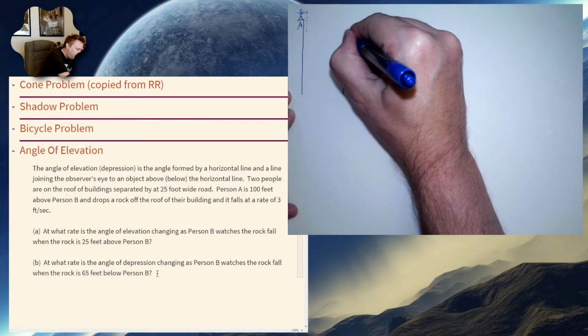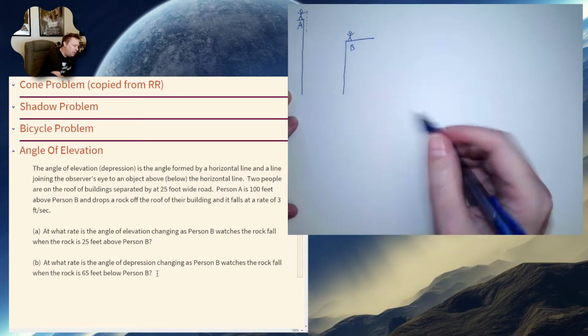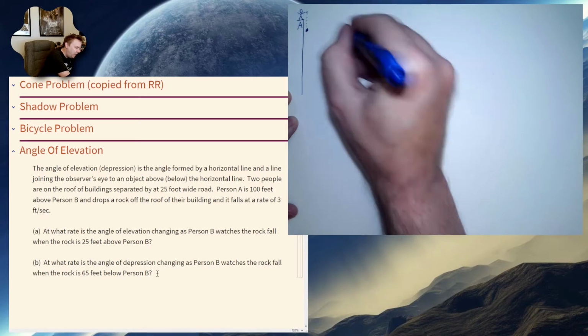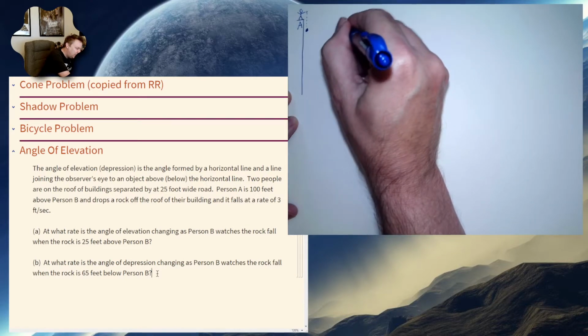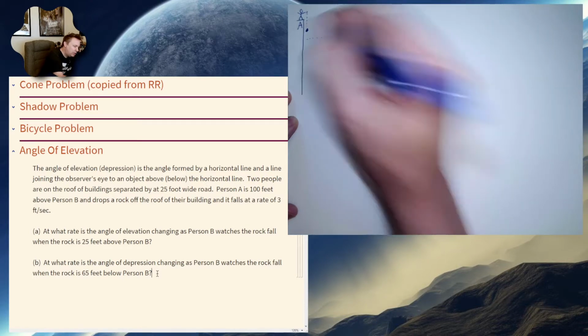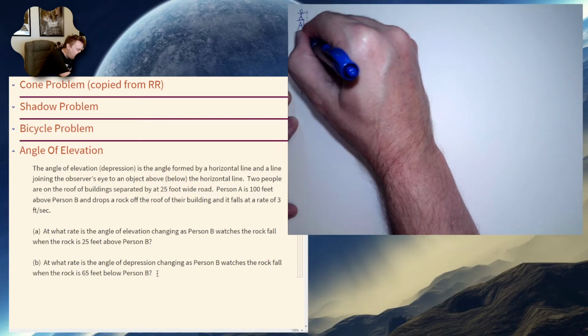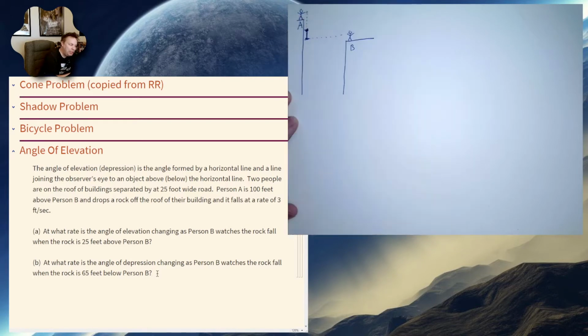Now, this 100 feet doesn't come into play, but there's a moment in time where this rock is 25 feet above person B. So this distance right here is going to be 25 at one moment in time.